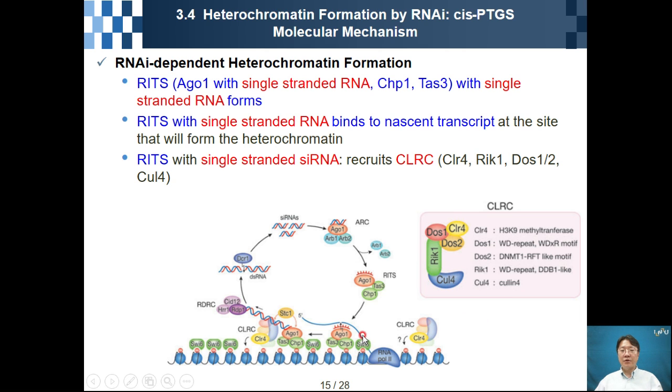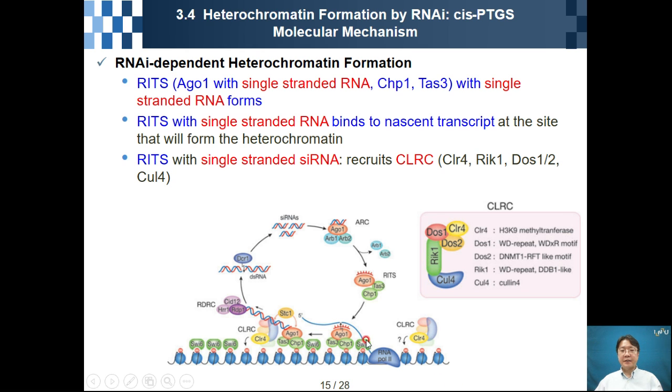So they want to form the heterochromatin in this region. Actually, this RITS with single-stranded RNA binds to the nascent transcript at the site that will form heterochromatin.